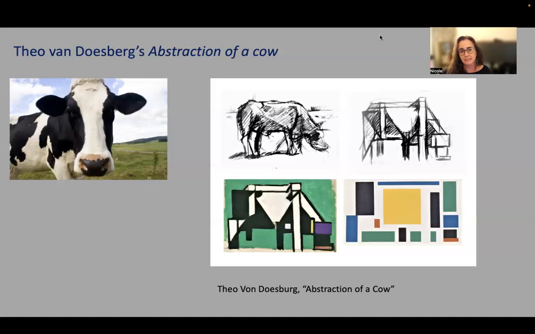It is completely non-representational, right? So it likely would be seen as a non-representational painting. So I think what's interesting about this van Doesburg, not only is he showing us a sequence of abstraction, but we begin to understand that abstraction is always about something.